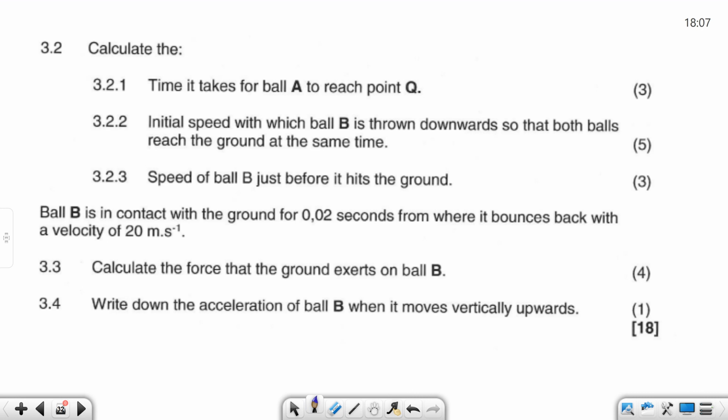Even if the ball goes into the sky, comes down to the ground, disappears, keep your decision to say, I am choosing my downward motion as positive. Don't change it, because you are basing your calculation on this direction. Please. Once you start changing, you start messing things up.